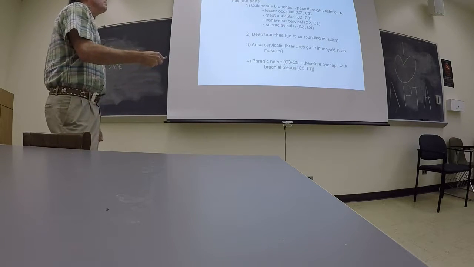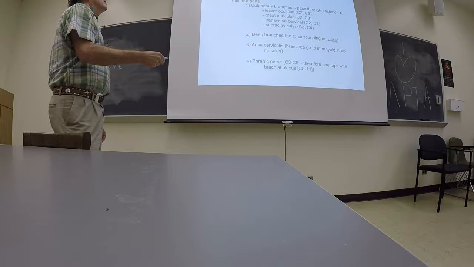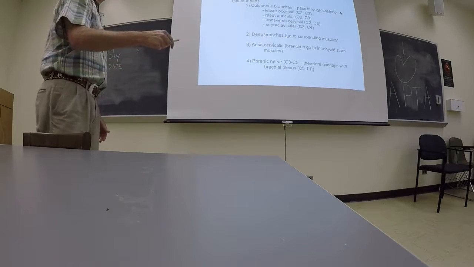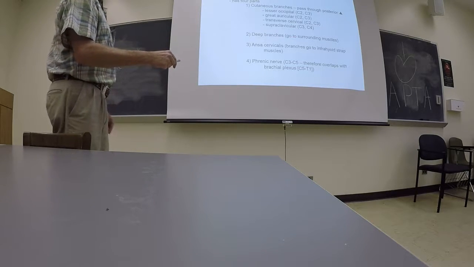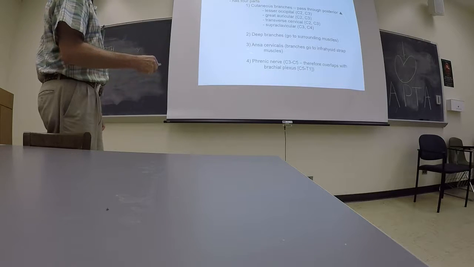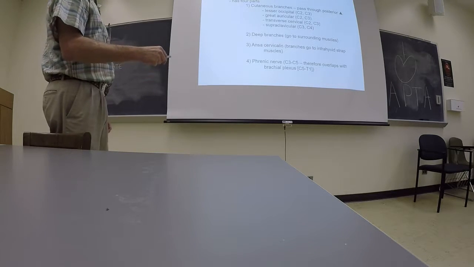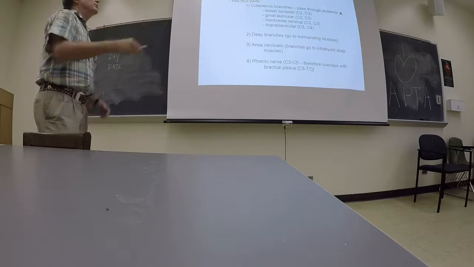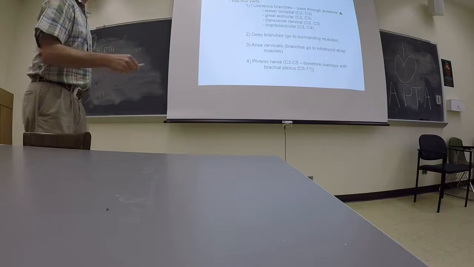There are some deep branches that are coming out of the cervical plexus and going to some of the neck muscles that are nearby. And then there's a really fancy branch known as the ansa cervicalis that we'll talk about on Monday's lecture, which loops around and supplies those muscles I showed you that are on the front of the neck.